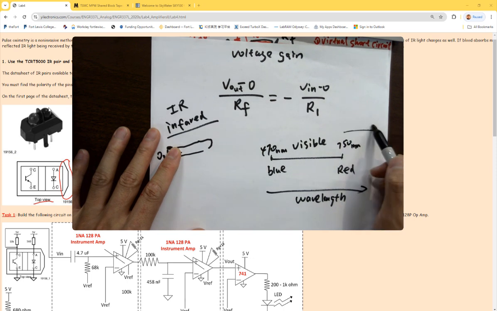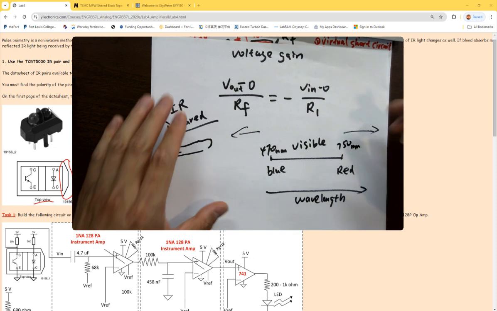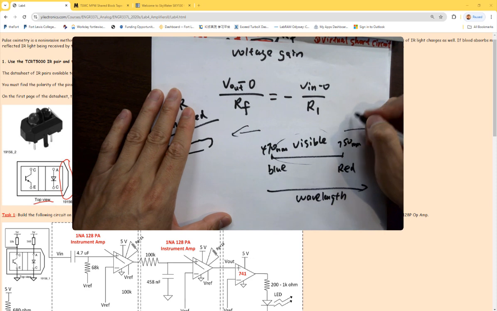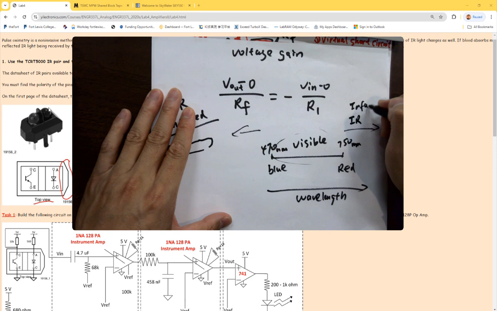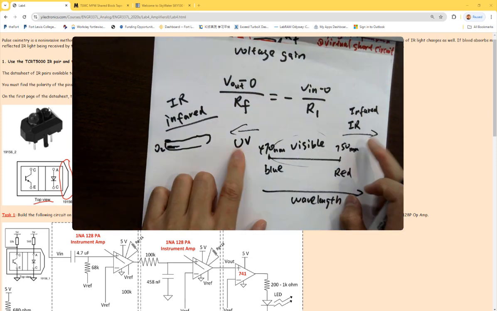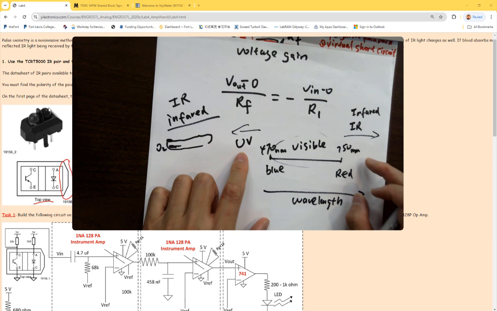So all the light outside of the range will be invisible, because this range is visible from blue to red. This is called IR or infrared. This is called UV, right? So these are invisible. You cannot see them with our naked eye.